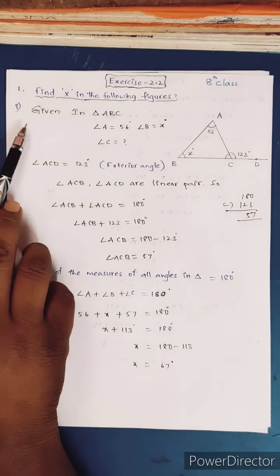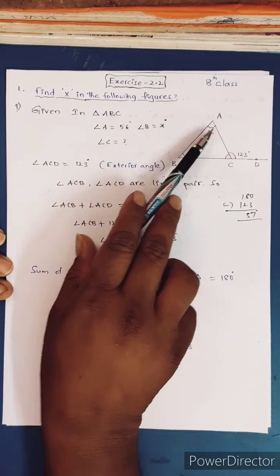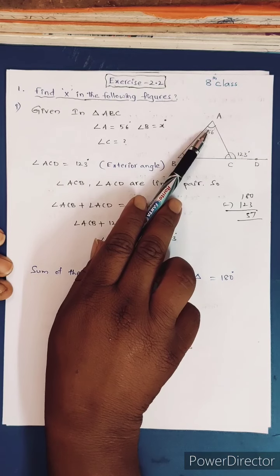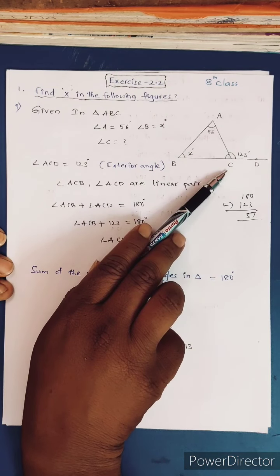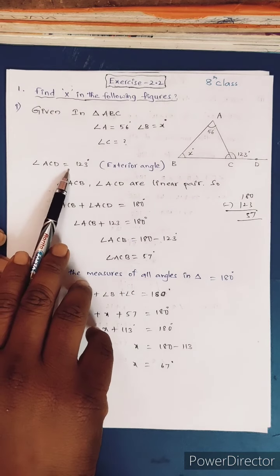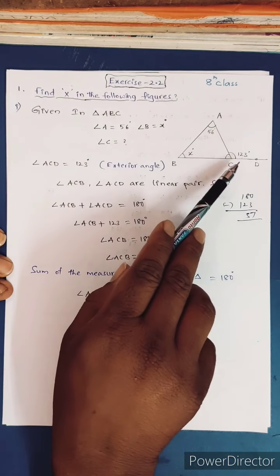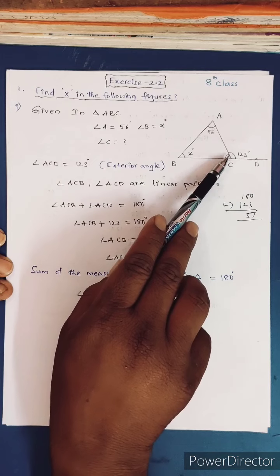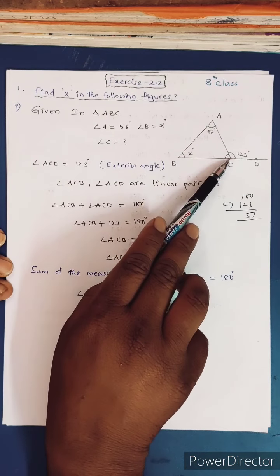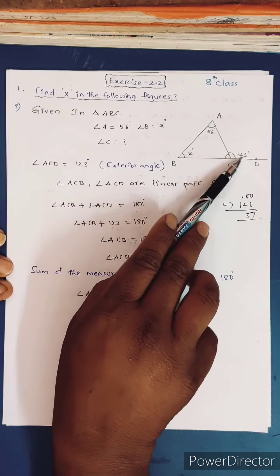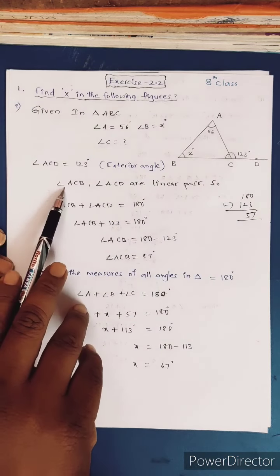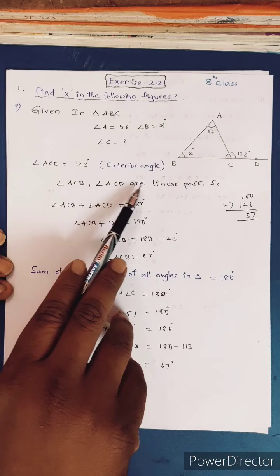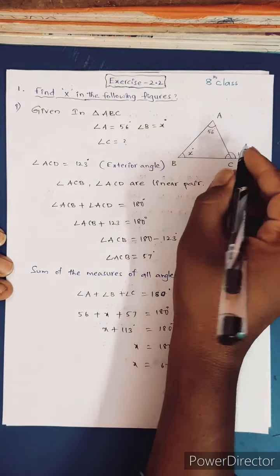Now, given triangle ABC, angle A is 56, angle B is x, angle C we don't know. Angle ACD at point C, with arm AC and arm CD, is 123 degrees. This is the exterior angle. Now angle ACB and angle ACD are a linear pair.